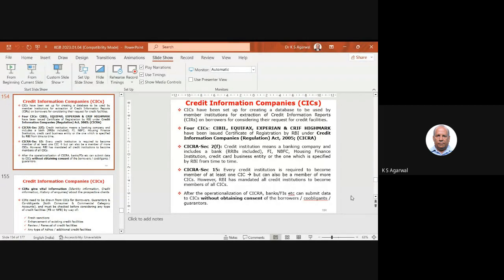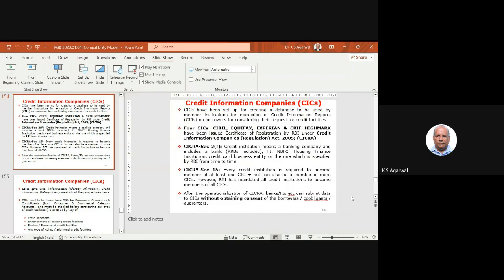The CICs' operations are governed under the Credit Information Companies Regulation Act 2005, CICRA. Please remember this act. Two important provisions: Section 2F defines credit institutions.